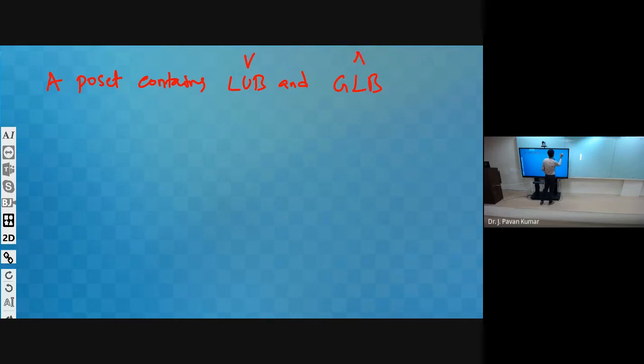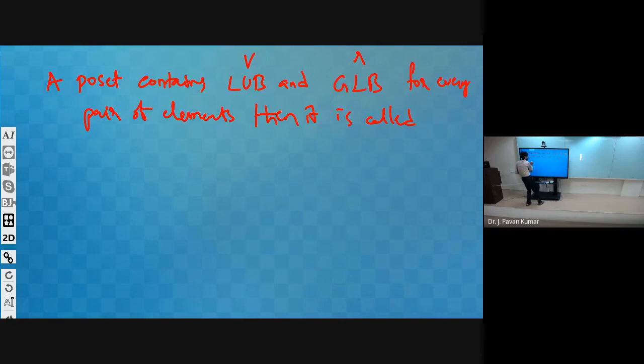If a poset contains a least upper bound and greatest lower bound, least upper bound being join and greatest lower bound being meet, for every pair of vertices or pair of elements, then it is called a lattice.